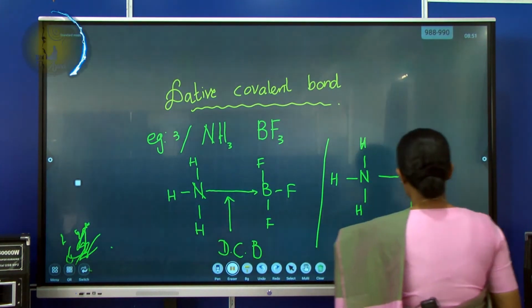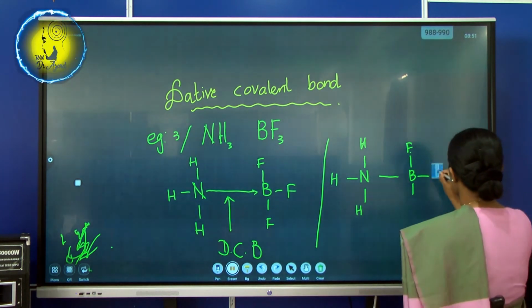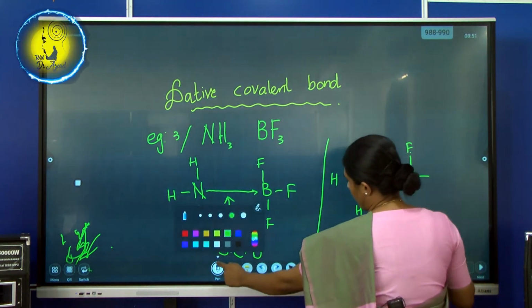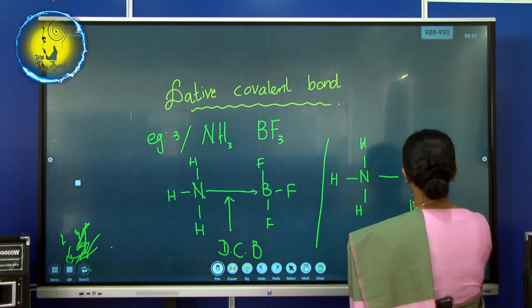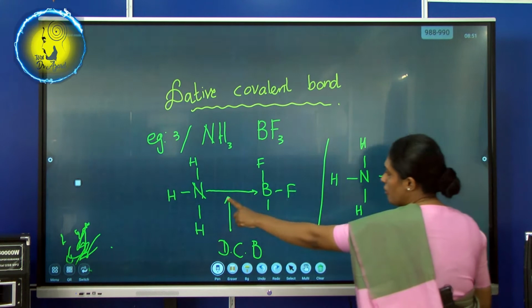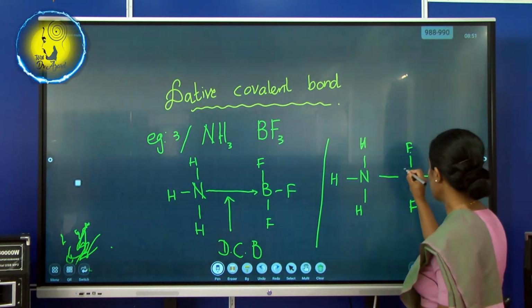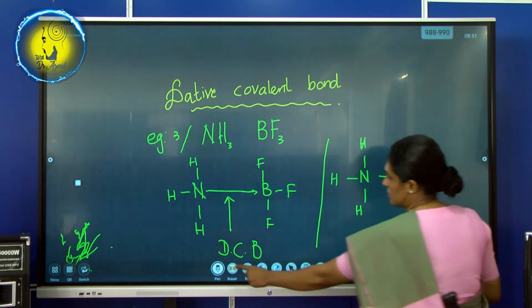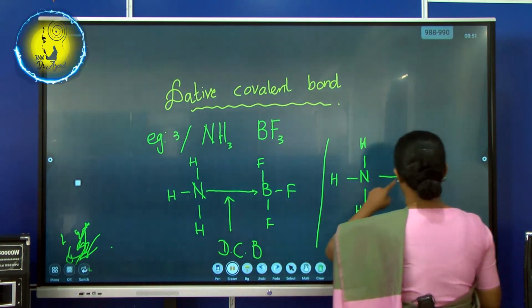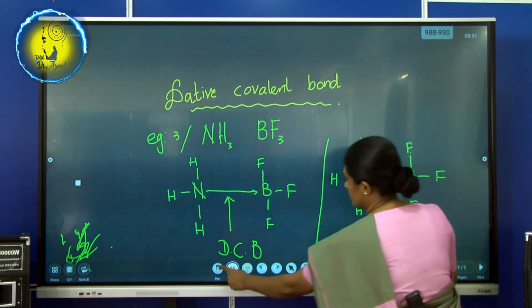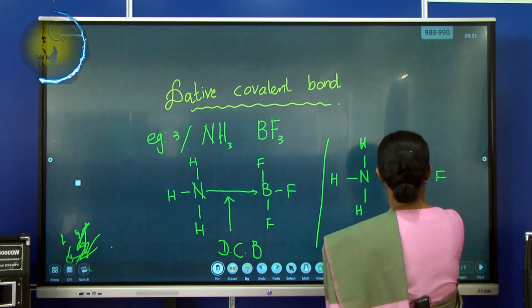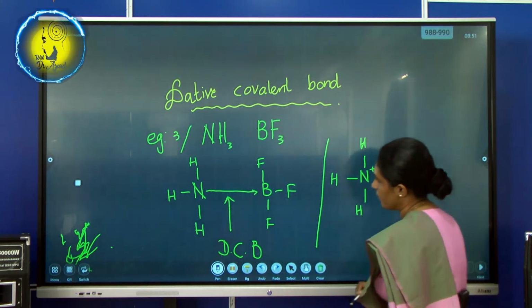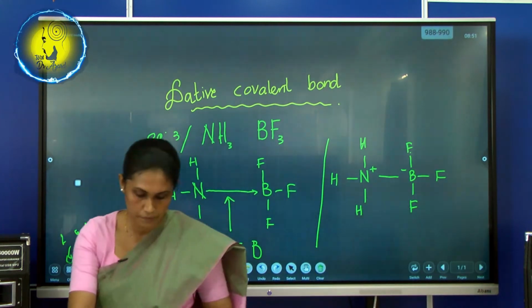Right. Now see this. This is another way of drawing. But if you are not drawing this arrow, you should remember to draw the charge. You can choose either way, no problem at all.